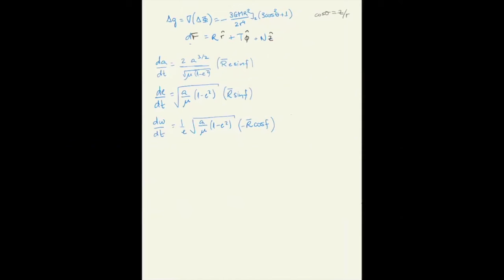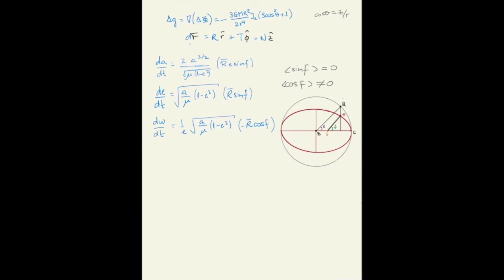So let's average over an orbit. It turns out that over an orbit, the average of the sine of the true anomaly is equal to 0. The average of the cosine, though, is not equal to 0. You can see that from looking at the orbit. Because of Kepler's second law, the planet spends more time at this side of the orbit than it spends at this side of the orbit.